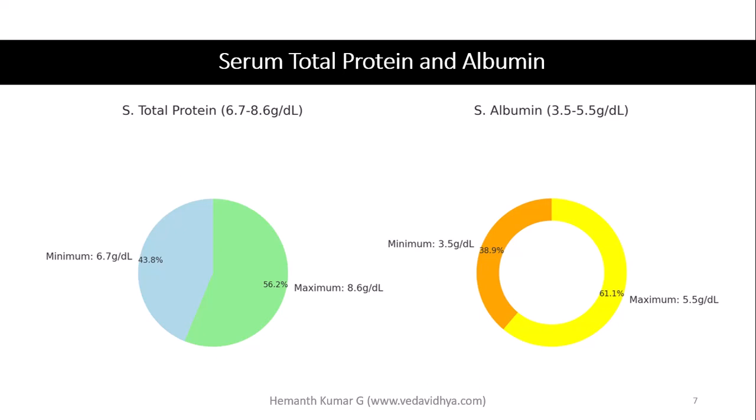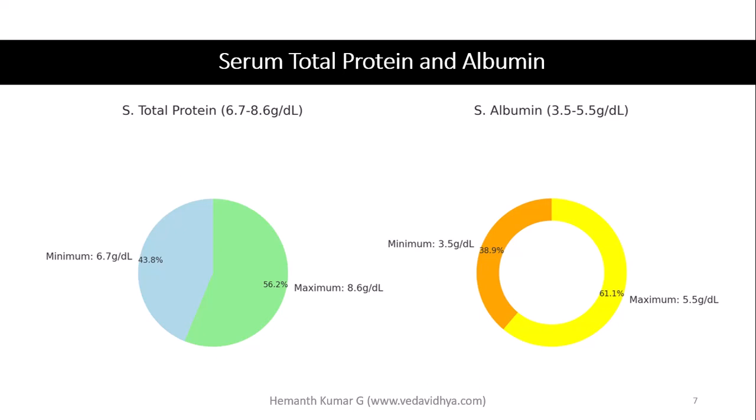Let's start with serum total protein, which encompasses all the proteins present in the blood, including albumin and globulins. The normal range is between 6.7 to 8.6 grams per deciliter.